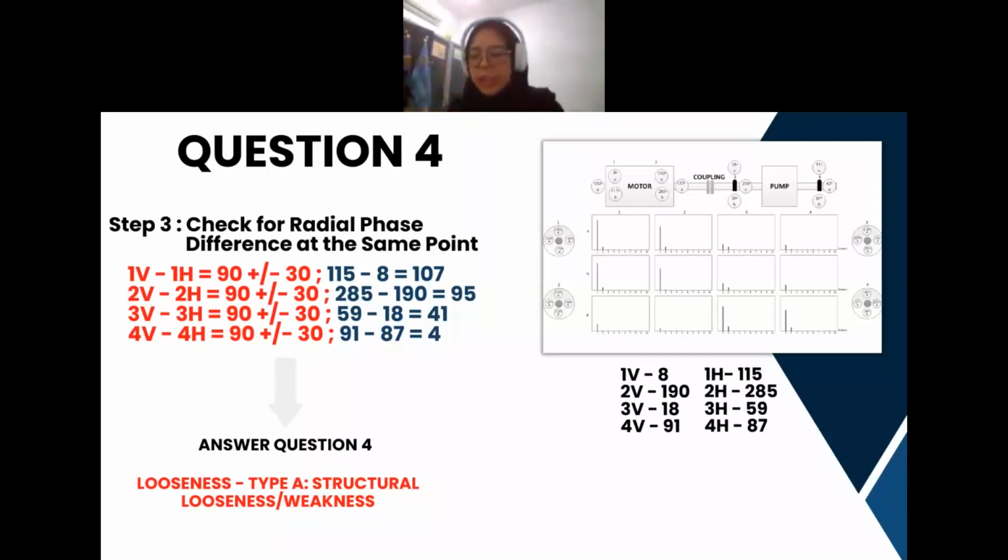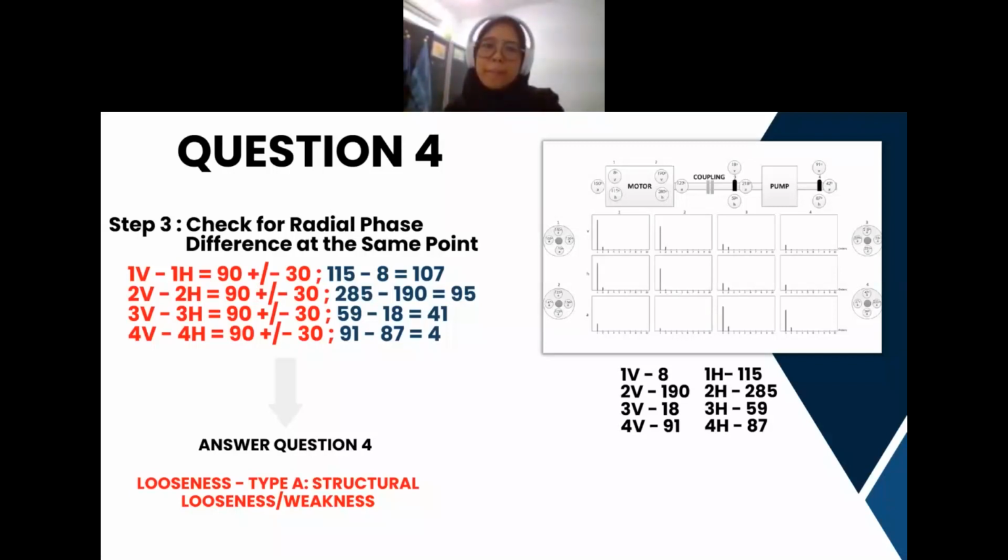The only choice we have is looseness type A, because the lecture notes mention that if there is a phase difference on the motor and on the pump, it will be looseness type A. And not to mention, 1x is dominant in this situation for horizontal and vertical. So we can conclude that it is looseness. Is it clear for you?